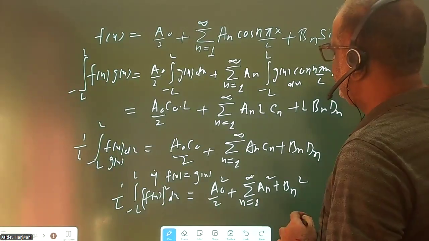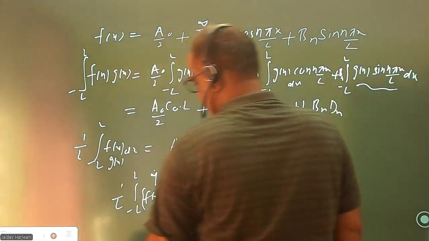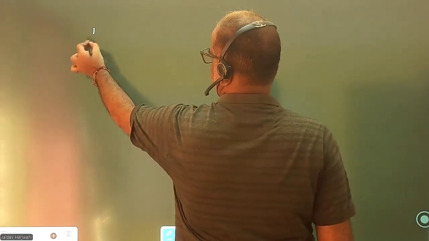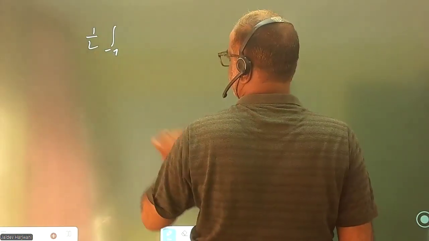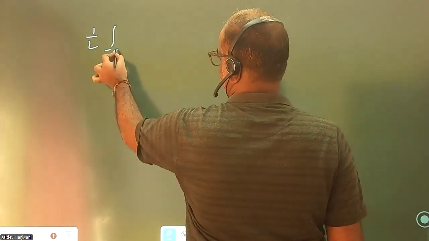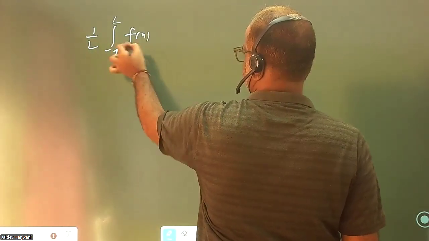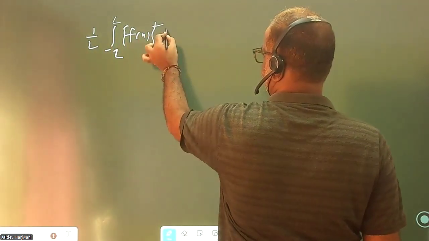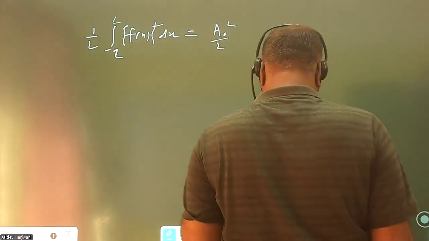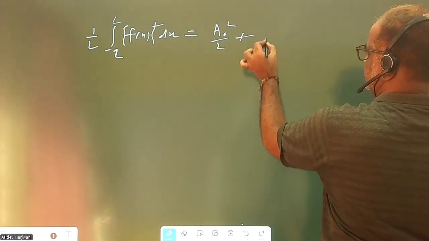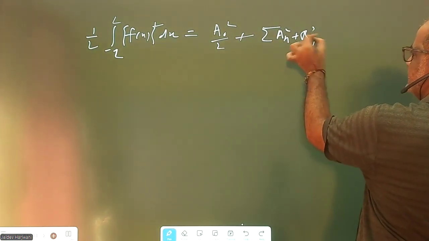Now I can use my usual notation. So 1 upon L integral from minus L to L of f(x) square dx is equal to a naught square by 2 plus the sum of an square plus bn square.